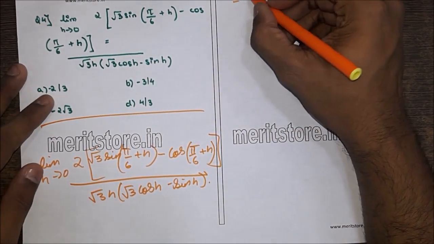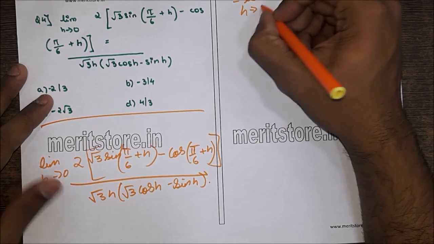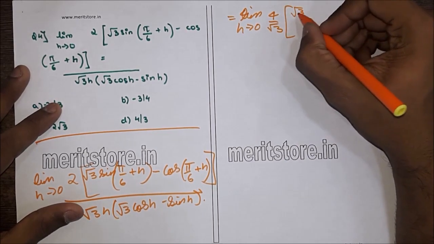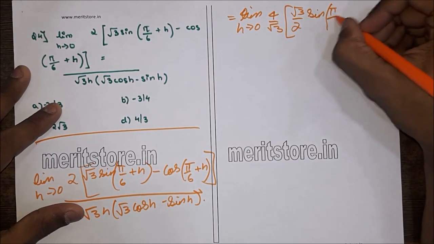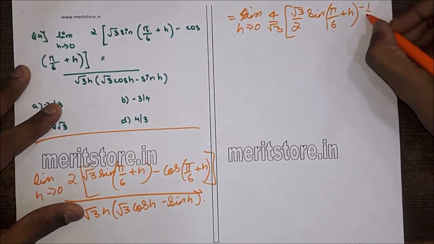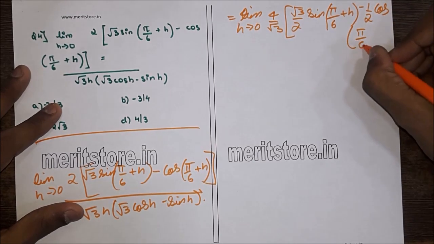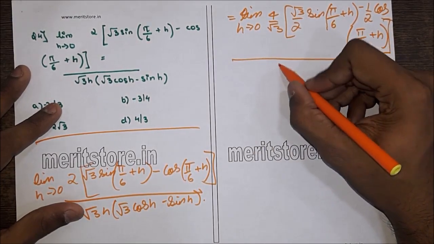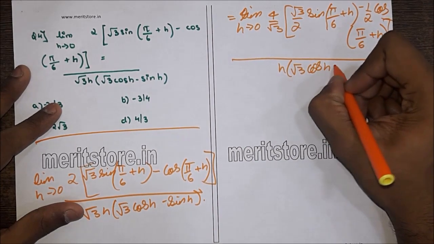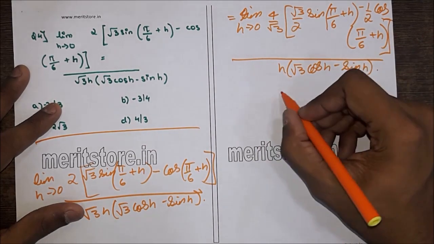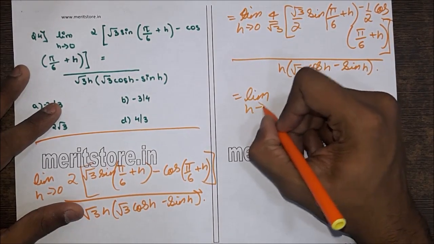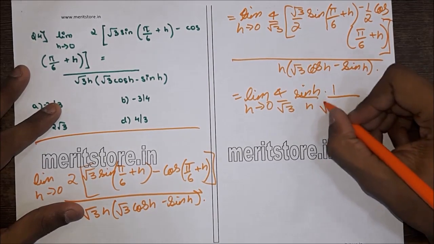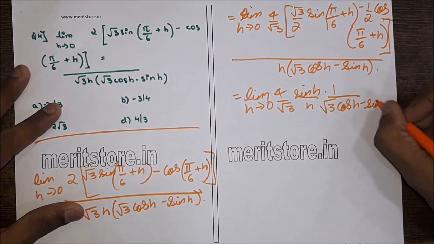Now that gives us limit of h tends to 0, 4 by root 3 by 2 sine pi by 6 plus h minus 1 by 2 cos of pi by 6 plus h upon h root 3 cos h minus sin h, which equals limit of h tends to 0, 4 by root 3 sin h by h into 1 by root 3 cos h minus sin h.